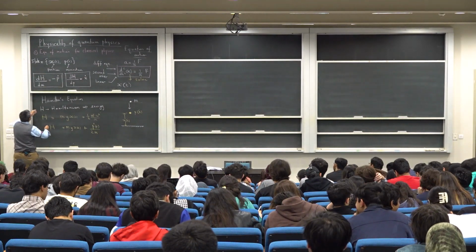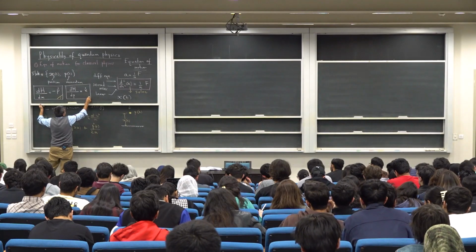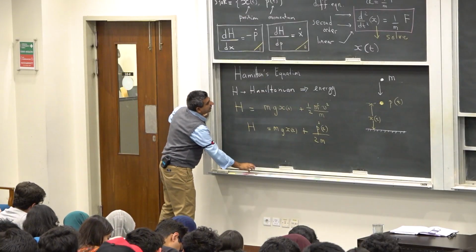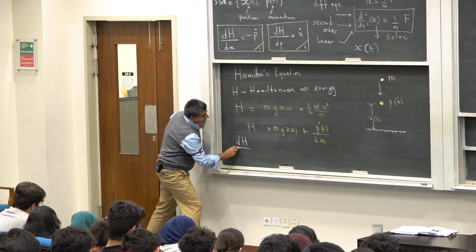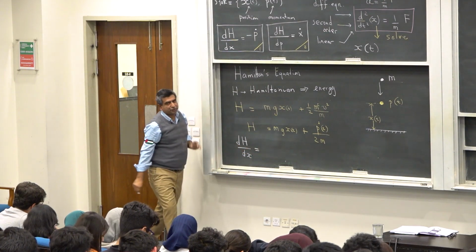So if you look at, this is my equation number 1, this is my equation number 2. So if I were to find out the derivative of the Hamiltonian with respect to x, what should I get?